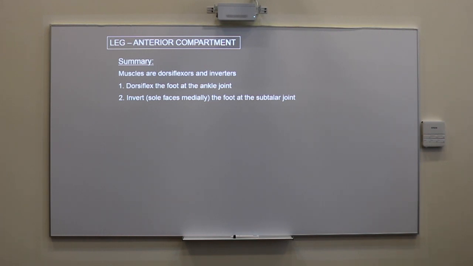Below the talus, between the talus and calcaneum, the joint is called the subtalar joint, and in this joint inversion and eversion of the foot happen. So these movements do not happen at the ankle joint, they happen at the subtalar joint. Okay. Next, the nerve supply of the anterior compartment of the leg is the deep peroneal nerve, as we said.